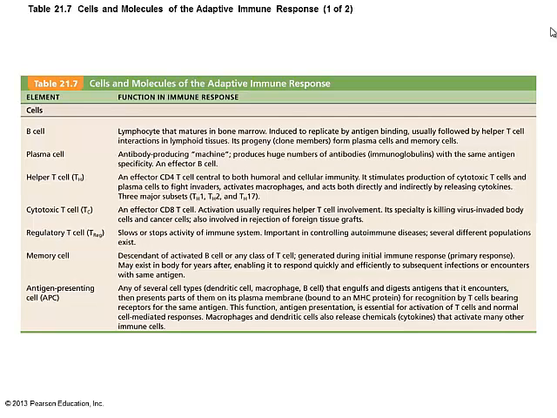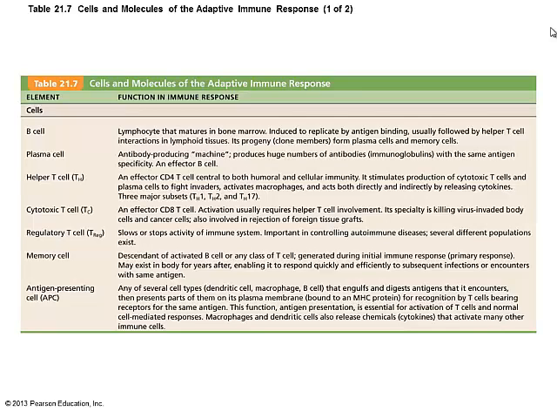Okay? Now, this table is everybody we talked about. So this table is going to give you all of the players in the fight. Yes? So who do we have for cells? Cellular immunity, also part of adaptive immunity, also part of innate immunity.